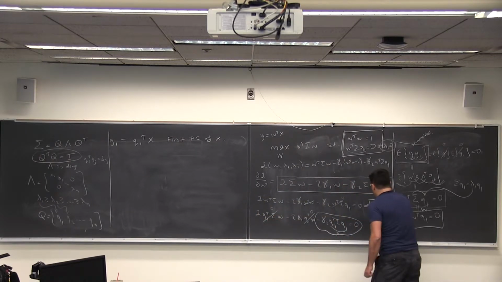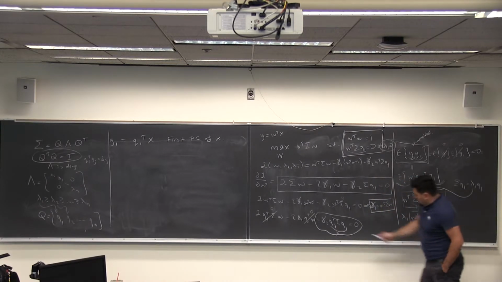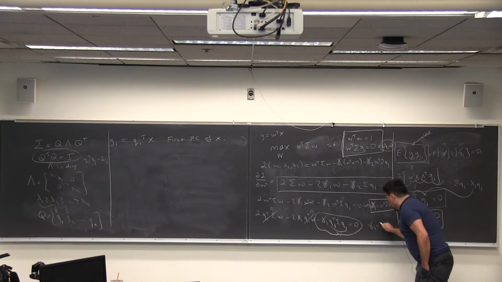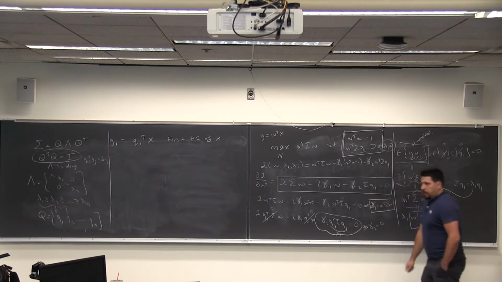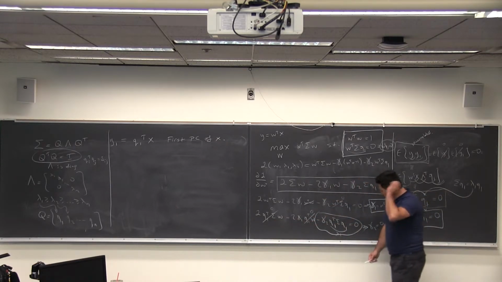So gammas are Lagrange multipliers, lambdas are eigenvalues of sigma. Okay, so gamma 2, the second Lagrange multiplier, must be 0. Right? Because these are 0 when I satisfy the constraints.